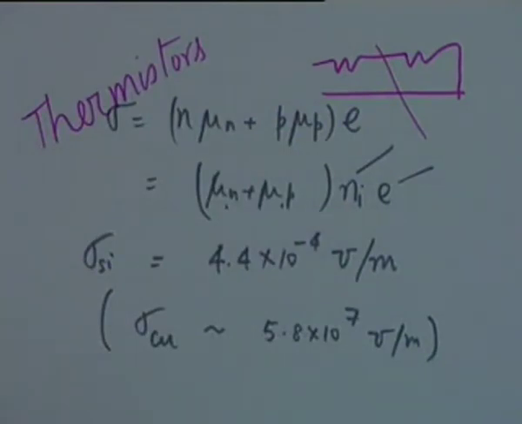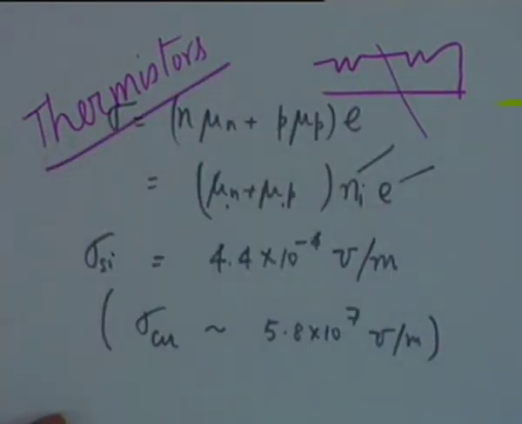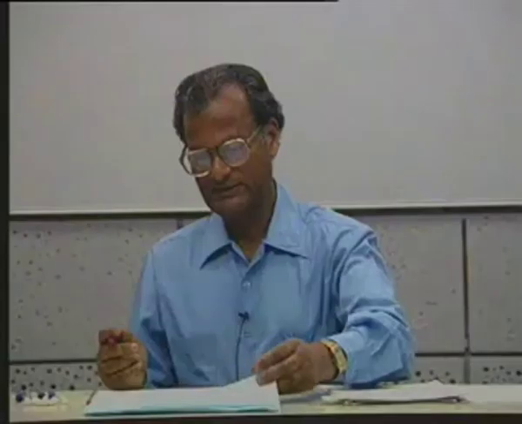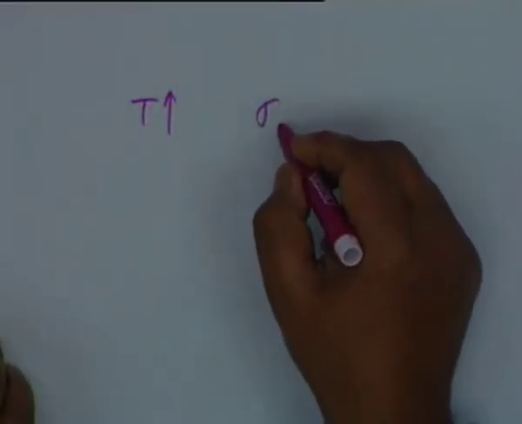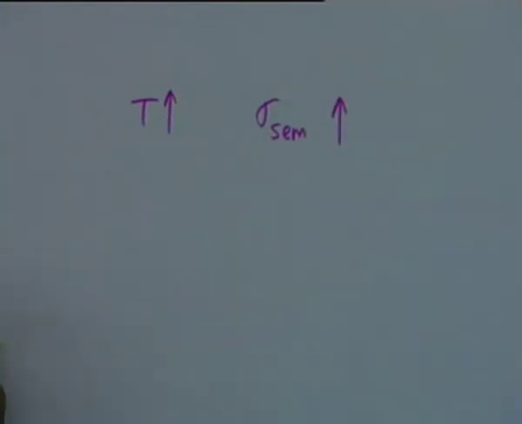That is, thermal resistors or heat sensing resistors, thermistors. This, as I said, is a minor reason. Major reason is that as temperature increases, capital T increases, sigma of a semiconductor increases, and this increase is almost exponential.